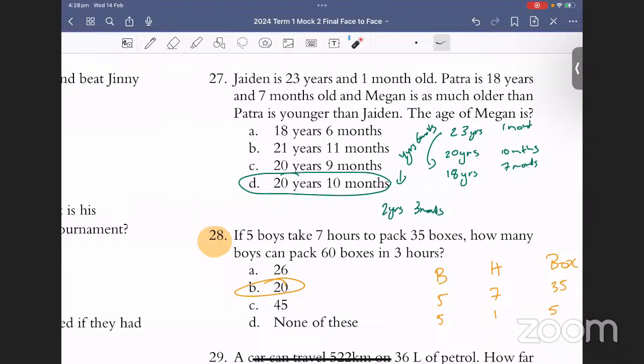Yeah, no worries. I'm pretty sure I got this question correct, but it was hard to understand. It doesn't say in the middle of Patra and Jaden, it just says much older.